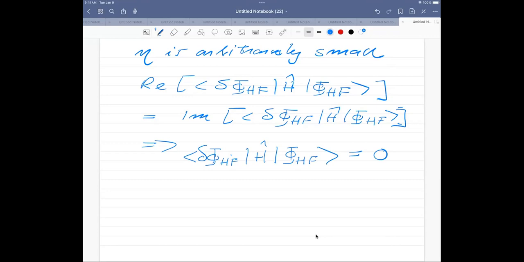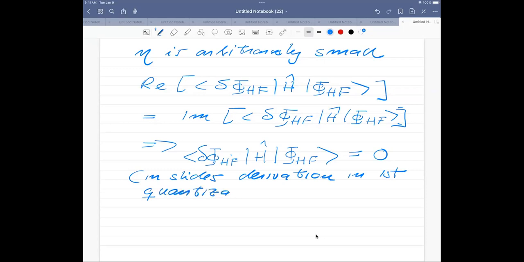After the break, in the lecture slides for this week, you will find the derivation in what we normally call first quantization, or configuration space, the coordinate space. But here, what we are doing now is to use second quantization.